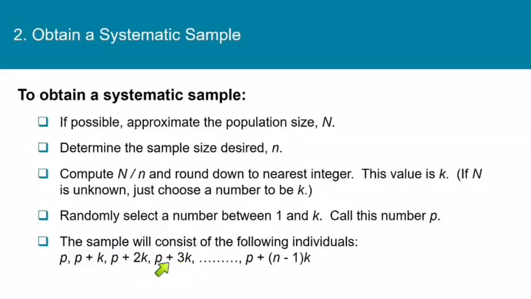And when we find the fourth person, we add 3K, and so on, till the last person in our sample will be P plus (n minus 1) times K, because if we're going to have n people, then we only need to add n minus 1 Ks to that. And what this does is this allows us to calculate the number of any person in the sample without having to know the one that came before. As long as we have P and K, we can find any person we want to find.